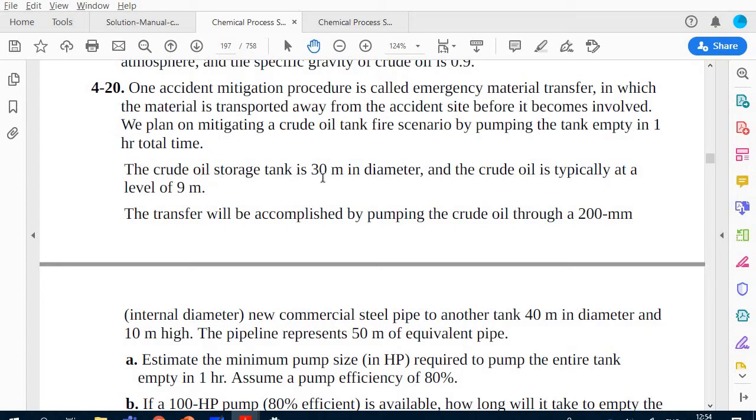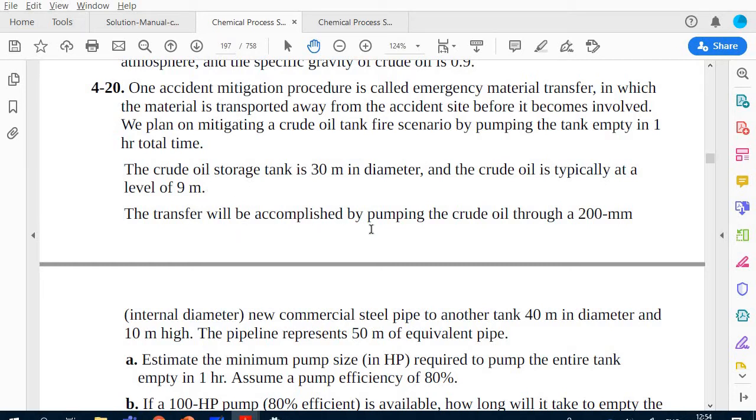So the crude oil storage tank is 30 meters in diameter, and we want to take it to another tank, and we'll see how far that is. The first crude oil storage tank is 30 meters in diameter. Imagine 30 meters diameter, that big, and it has a 9 meter level. So it's a big tank.